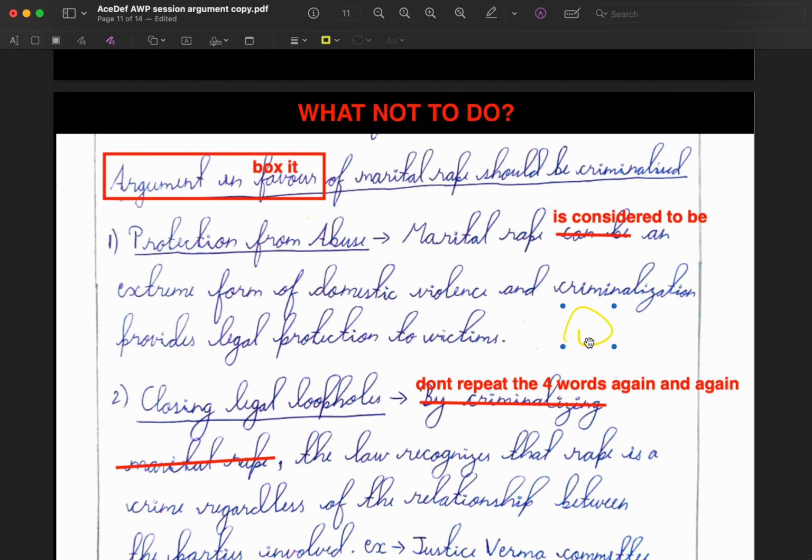The maximum you can score if you write everything perfectly is a 10 marker. Realistically, toppers score somewhere between 7 to 8.5.